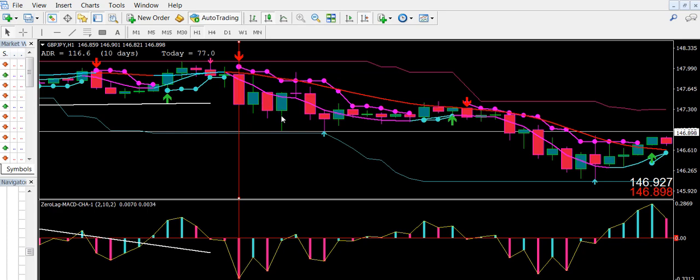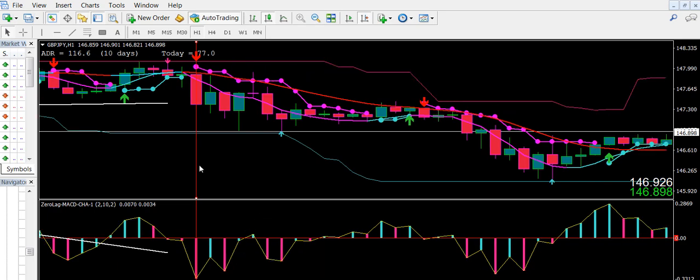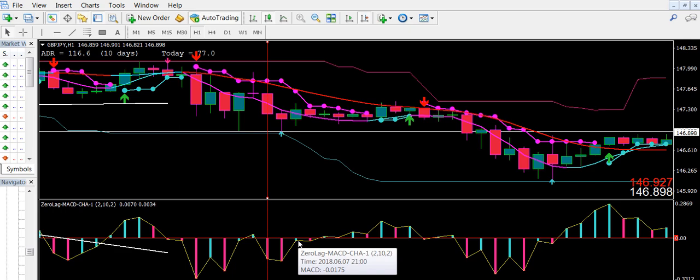Now it's only down for like 4 days, and then you have the volatility shrink back up, so you would have taken full profit. You would have closed out your trade here, but of course here's your next entry down, and that's good only for 2 days, so you would have taken at least partial profit here, but then 2 days later you would have taken full profit.